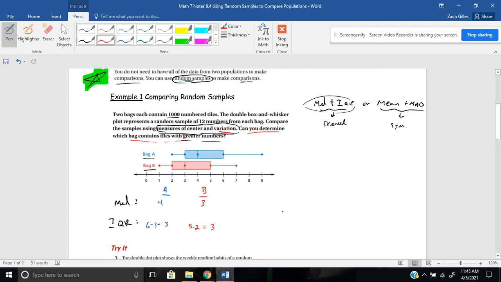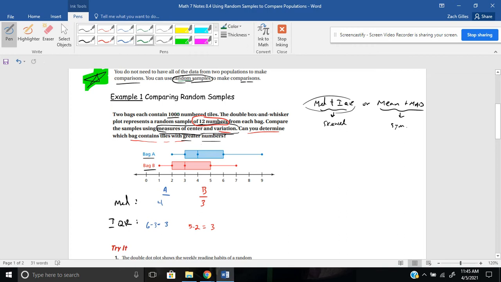And I'm going to argue that no, you can't. And the reason that I'm going to say no is because look at our sample size. We only picked 12 different numbers out of this bag of 1,000 number tiles.